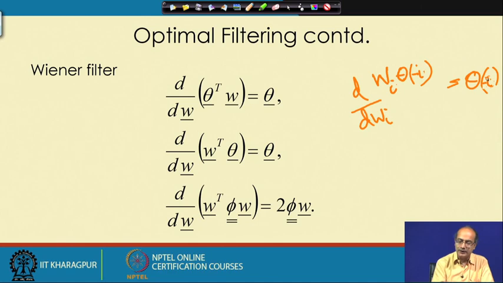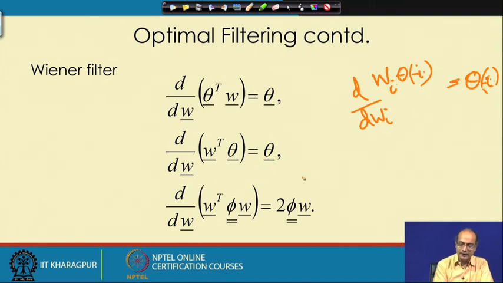At the end if we combine all of them, we get the vector theta after taking the derivative. Okay. And because the product is a scalar quantity, W transpose theta and theta transpose W both give the same result. So, here also we get the vector theta after the derivative.